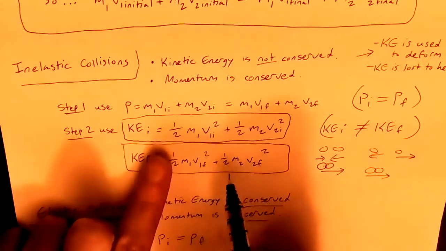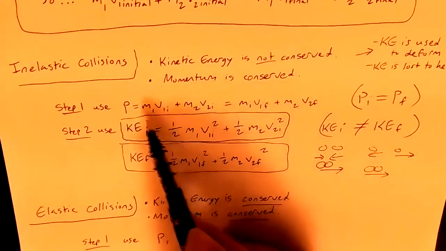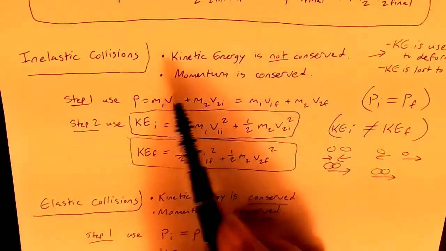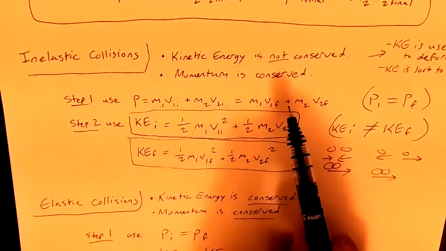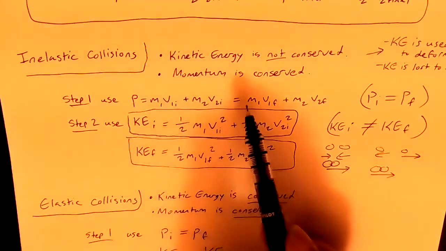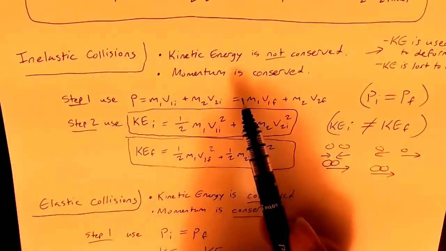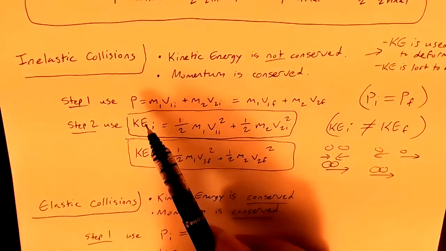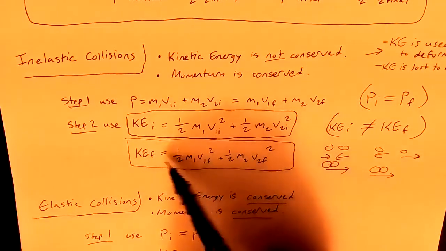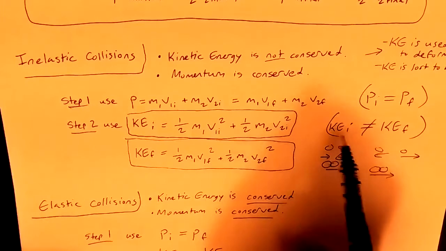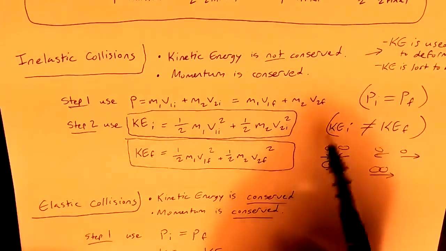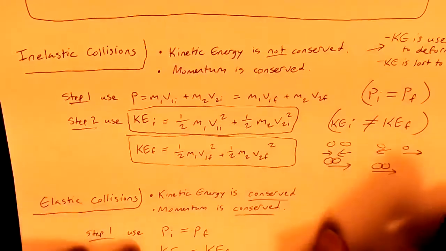The difference in inelastic collisions, you would use the momentum equation up here, right? Because that is conserved. So you can set the initial equal to the final and then solve. But the kinetic energy initial is different from the kinetic energy final. So that's a big point to remember.